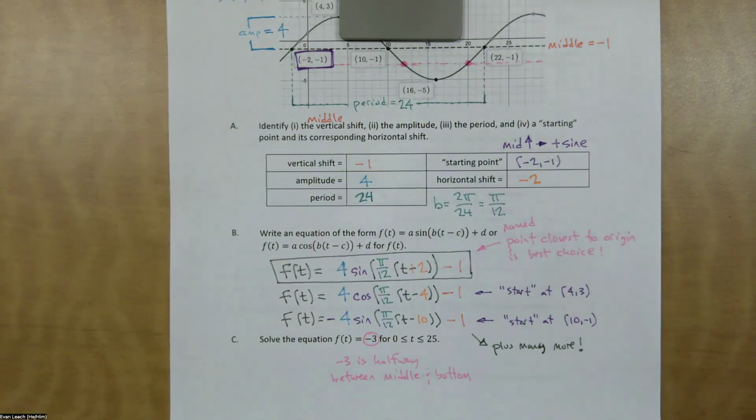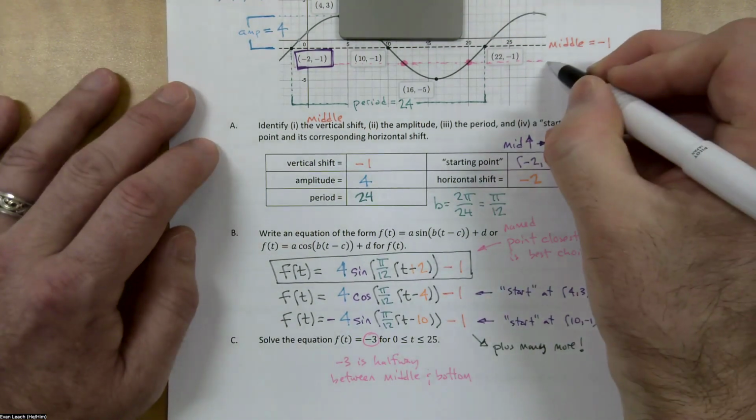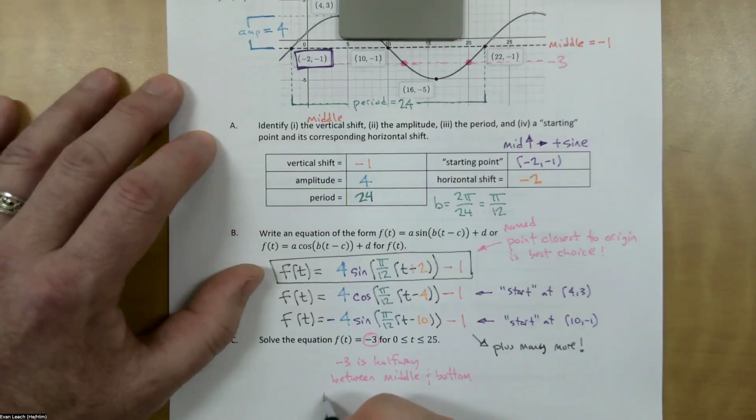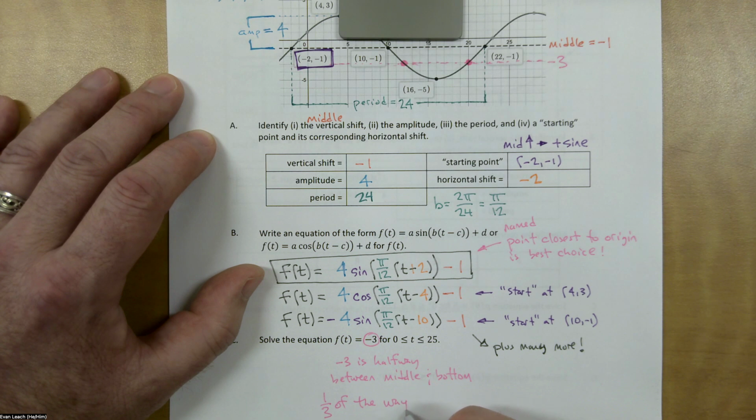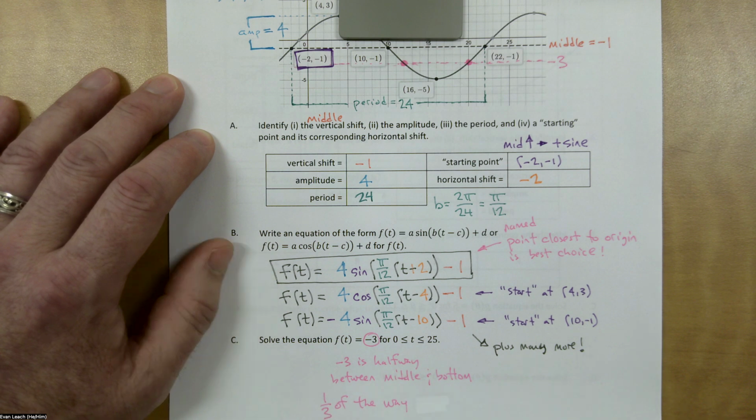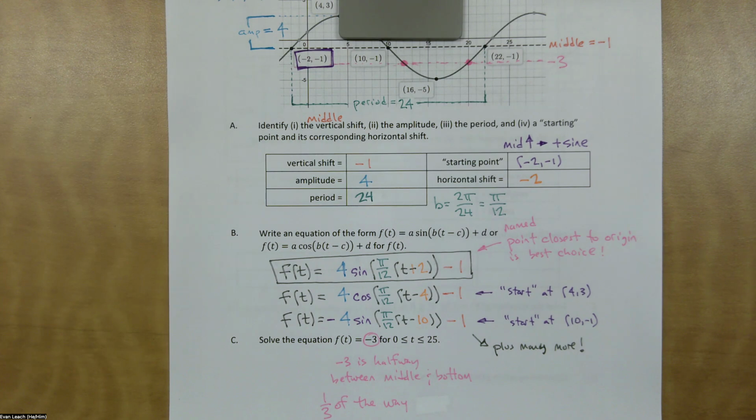And so what we want to use for this particular problem, we want to remember that the halfway point vertically is a third of the way through the quadrant past the middle.